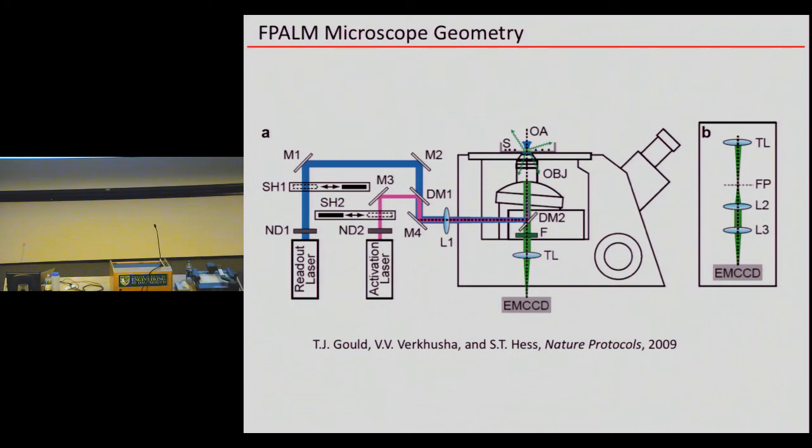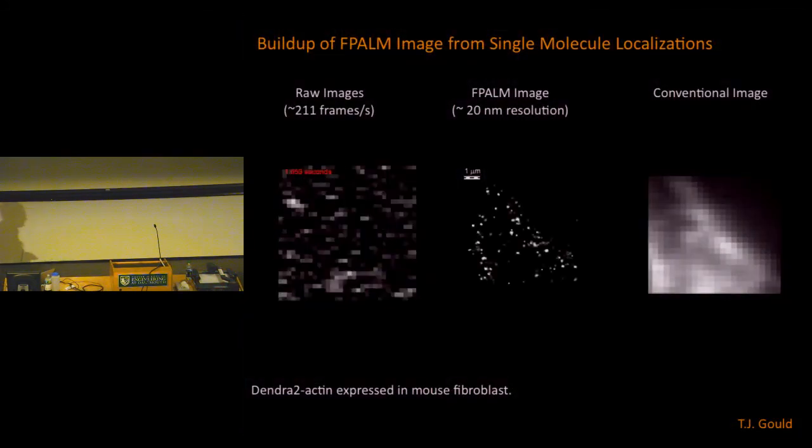They get focused into the back aperture of the objective. This is not a scanning method, it's wide field, so you're illuminating a large area of the sample, and then the fluorescence is collected and imaged onto the camera. You might have a telescope in the detection path, but it's basically possible to construct one of these for about 100K from scratch, much less than a brand new confocal.